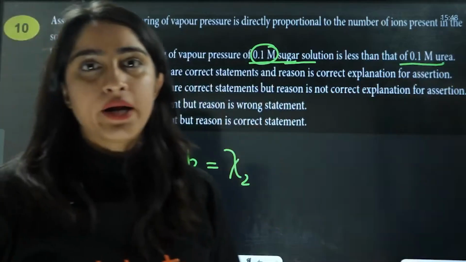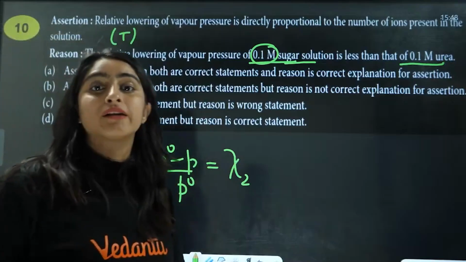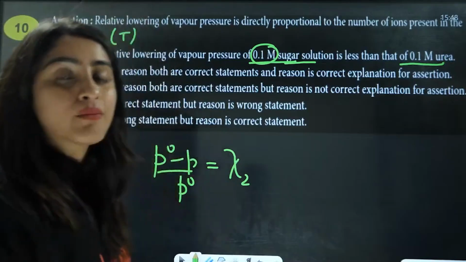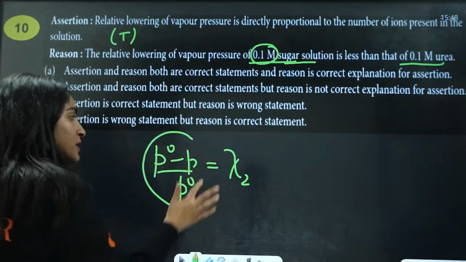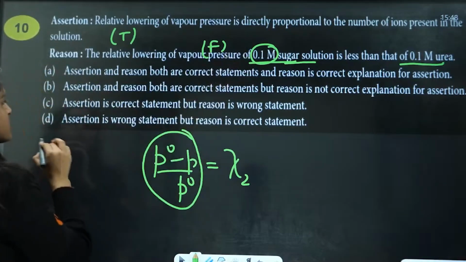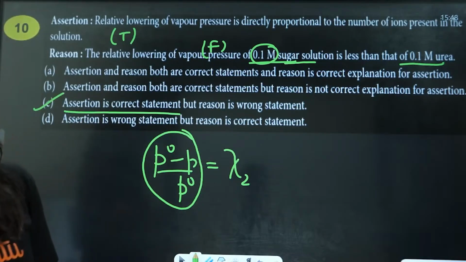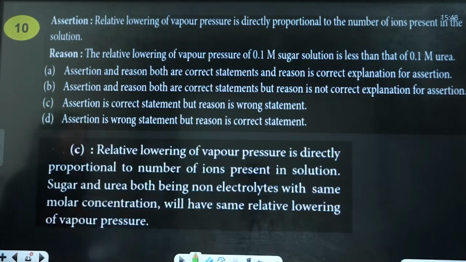Both are non-electrolyte. Molarity is same. If molarity is same and both are non-electrolyte, there is no van't Hoff factor involved. That means relative lowering in vapor pressure should be same here. That means this statement is false. So the answer will be assertion is correct and the reason here is wrong. Yes, bacha.